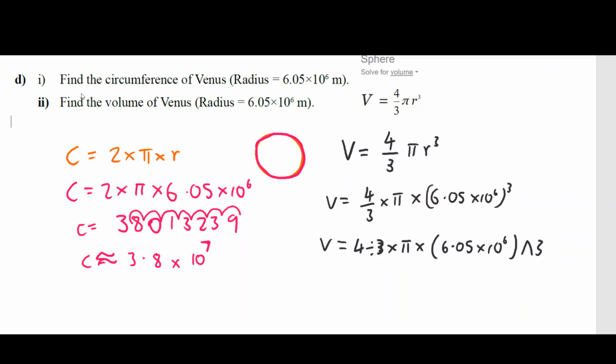Let me just make that look a bit better. So what it would be on your calculator, you wouldn't have that either. We would have this to the power of 6.